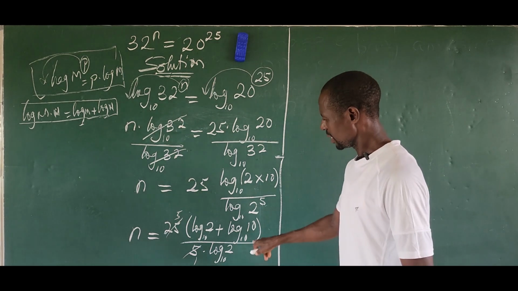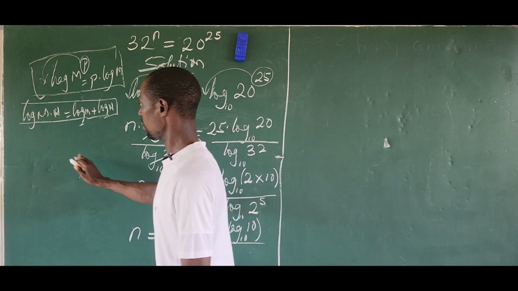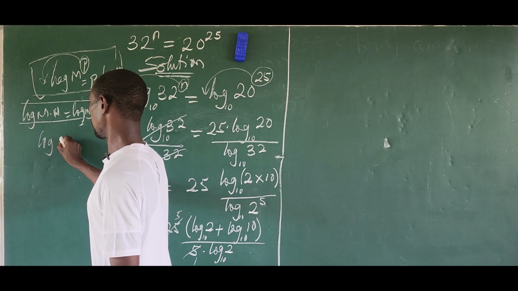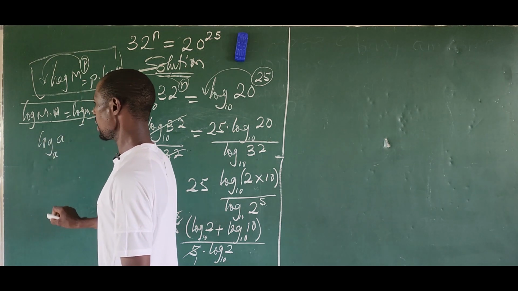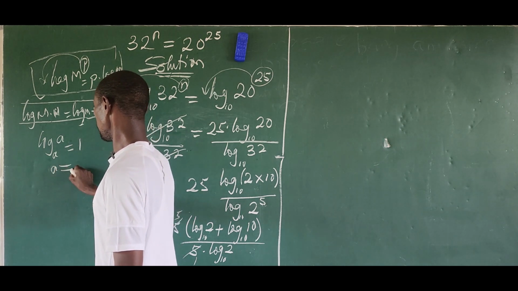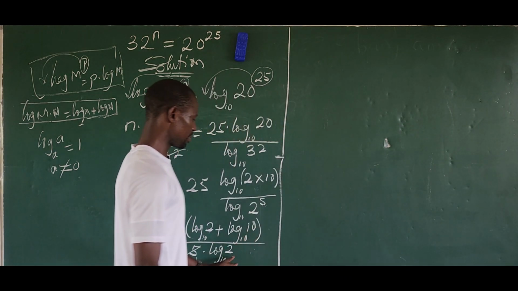Then look at this. We are having log 10 base 10. There is a law in logarithm which says that if you have log a base a, this is equal to 1, provided a is not equal to 0. So here we're having log 10 base 10.